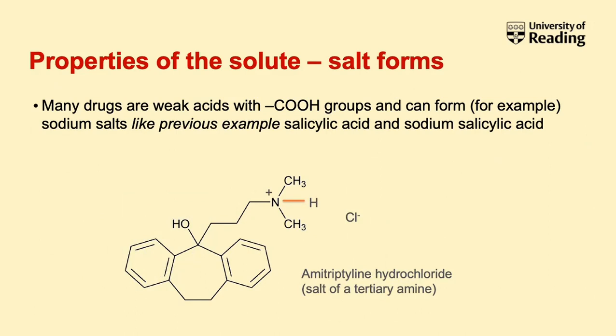We saw the impact of the sodium salt for the case of salicylic acid, increasing the solubility of the active ingredient by 500 times. Many drugs are weak acids or weak bases.